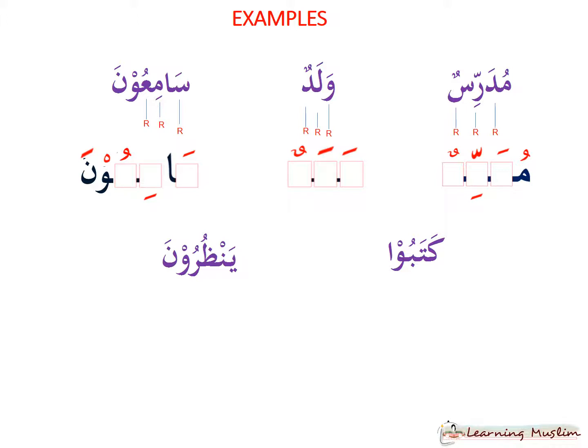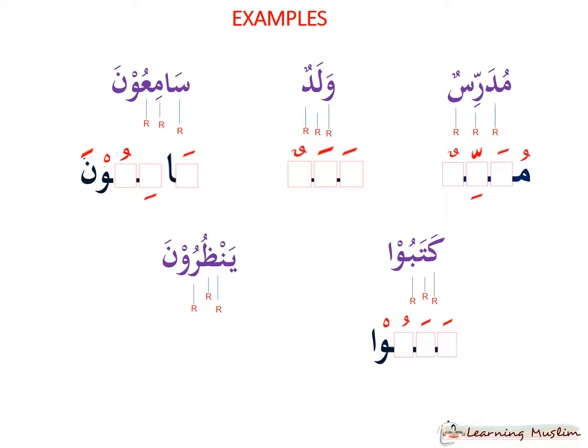Let's go to the next one, katabu. What are its root letters? Kaf, ta, and ba. Those are our root letters. And in the dictionary, you find the meaning is the idea of writing. But with its pattern, the meaning of the whole word katabu is they, many males, did write. So it's a complete sentence on that pattern. The next one, ينظرون.